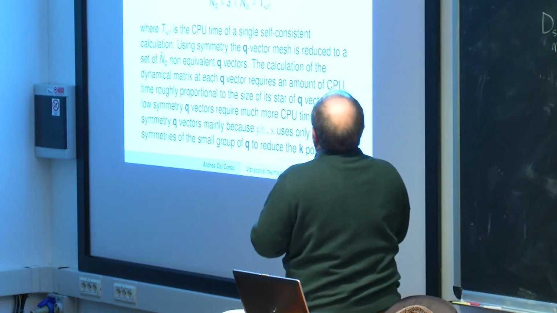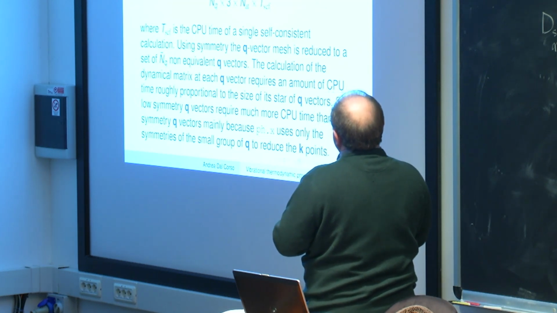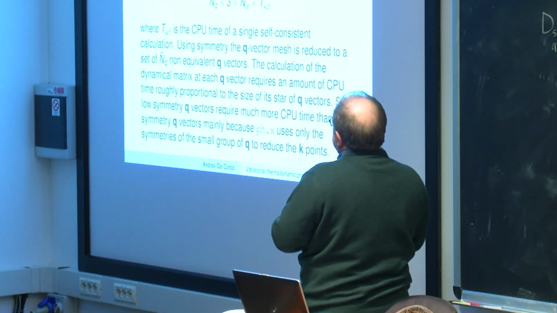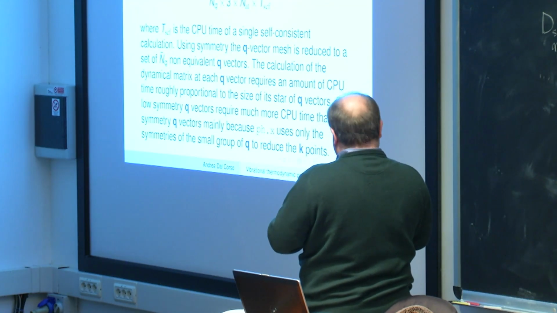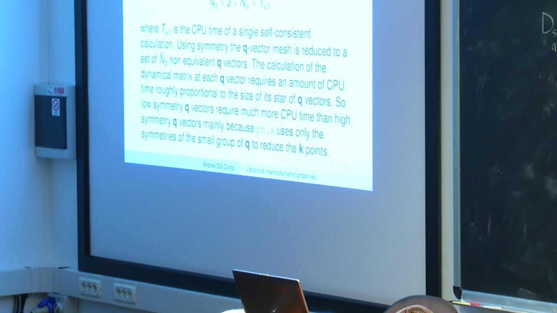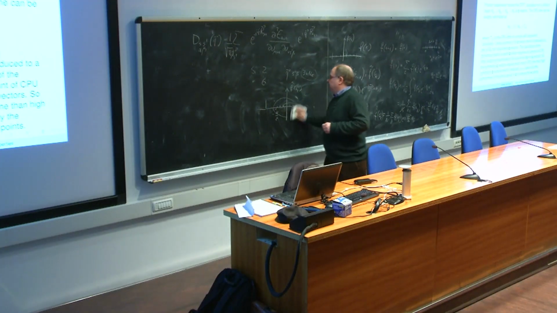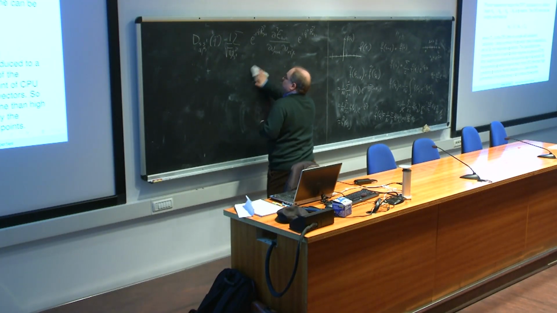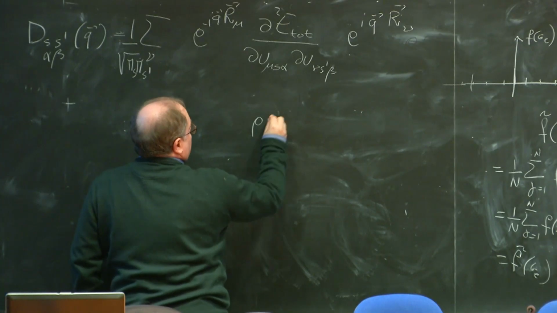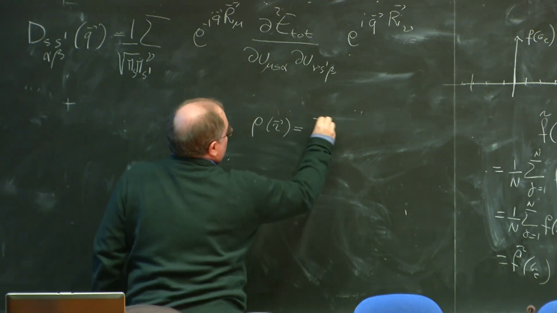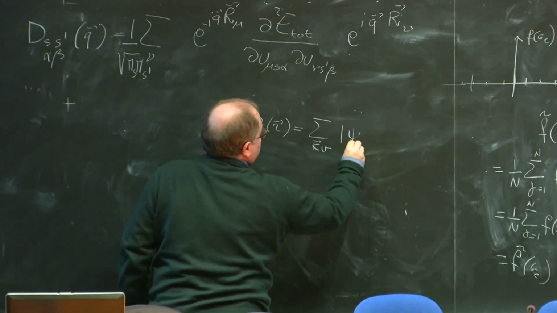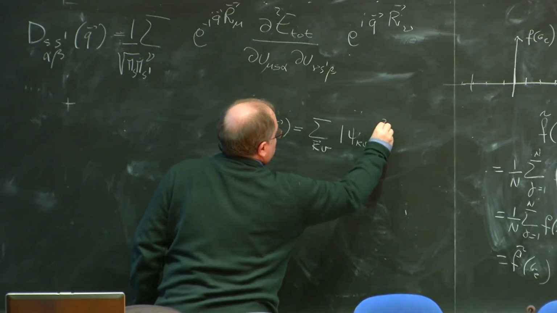Okay, use of symmetry. There are two possibilities. When we calculate the charge density in the PW code, rho of R, you have to do a sum over k vectors in the first Brillouin zone of the wave function phi k v square modulus.